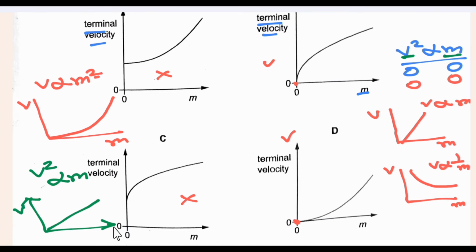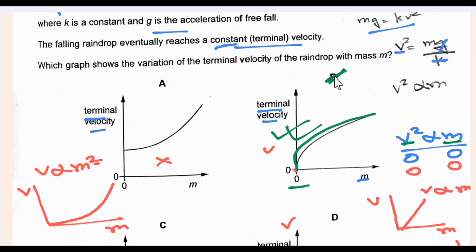So among these diagrams, if we compare option B and D, the graph of v square against m slightly tilts towards the v square axis, since it is a square of v. So option B would be correct and option D is wrong. So the answer should be option B.